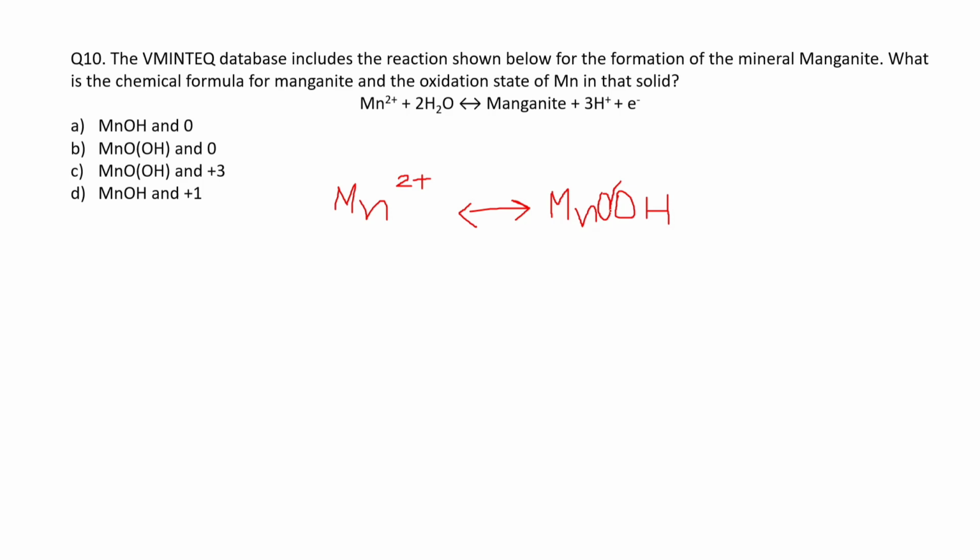So this is the compound. So Mn2+ is forming magnetite. So this is the formula for magnetite.